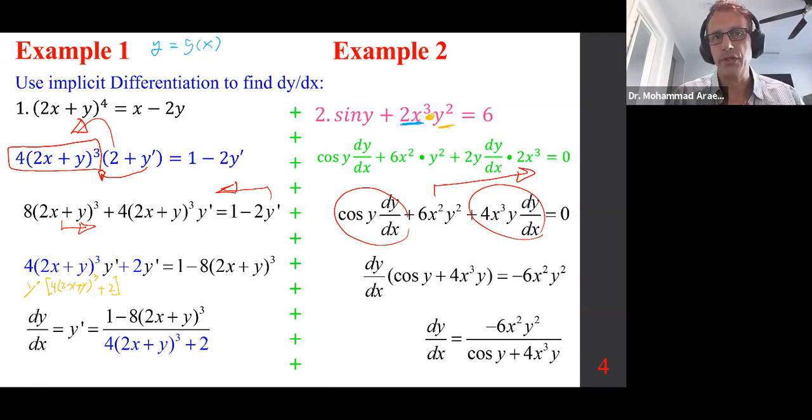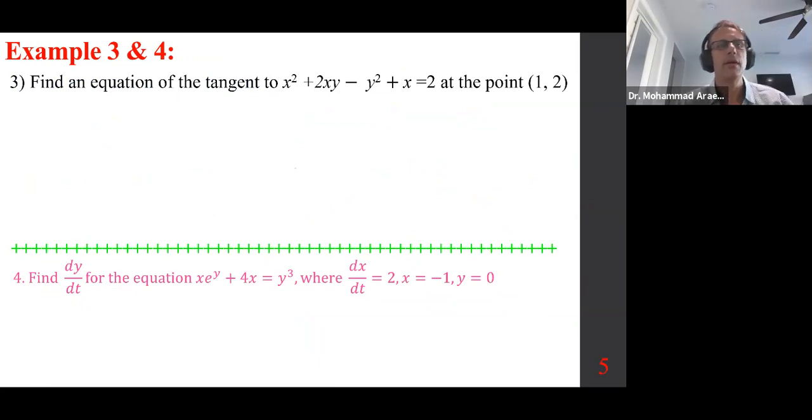Implicit differentiation. We want to find an equation of a tangent line to x squared plus 2xy minus y squared plus x equals 2 at the given point (1, 2). So the first question in this page, we want to find the equation of a tangent line, which means we need two things, everybody.